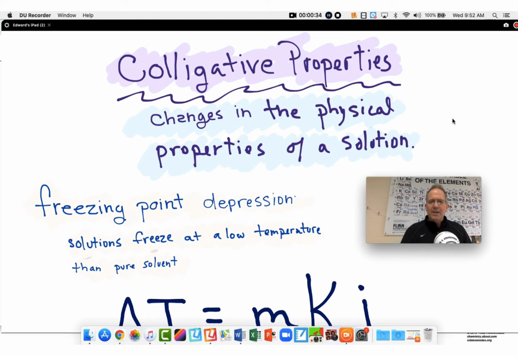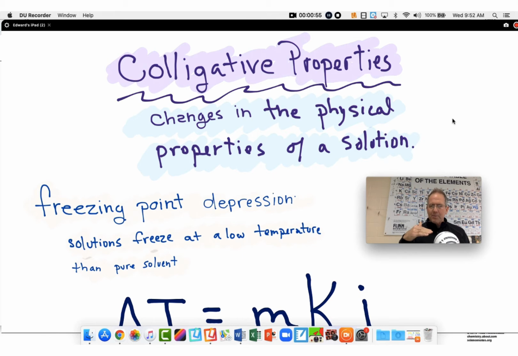This is why we add salt to the roads in the wintertime, to melt the ice. The more salt added, the lower the temperature goes.